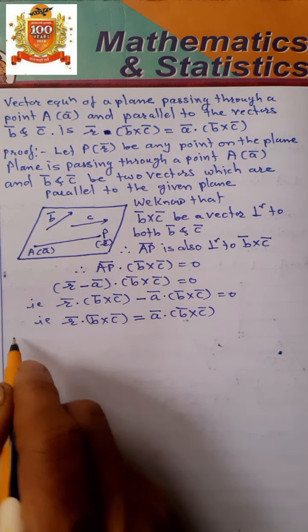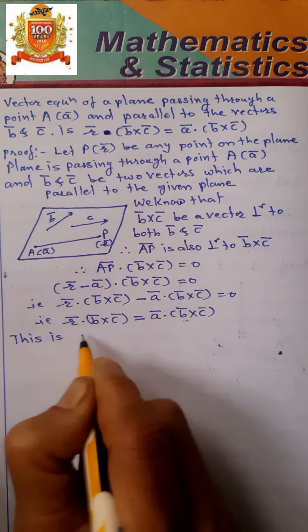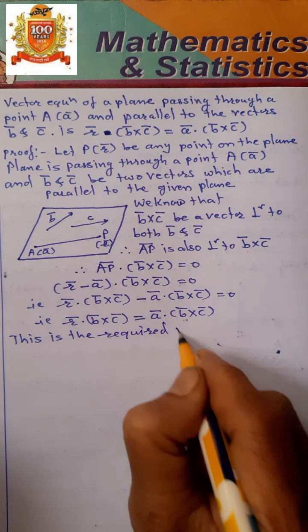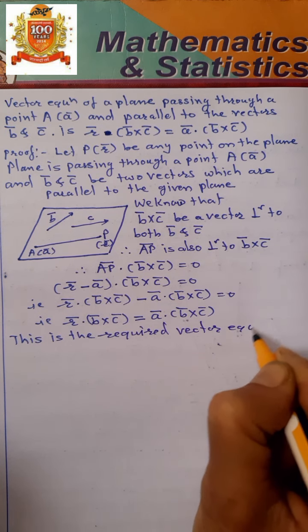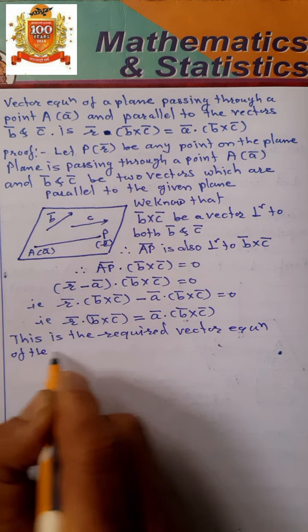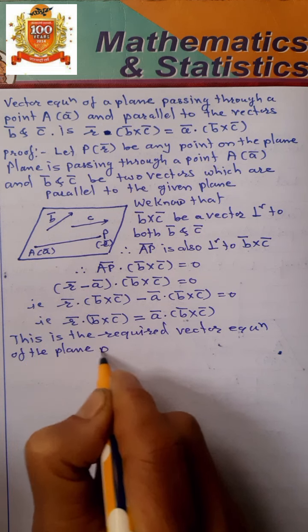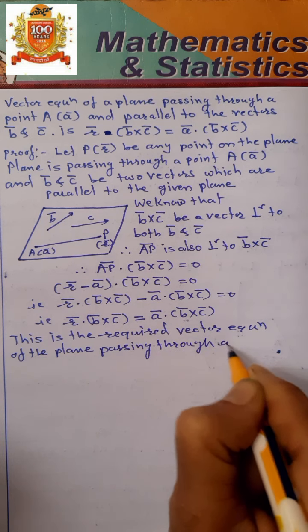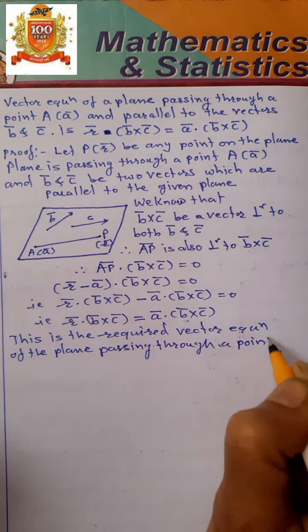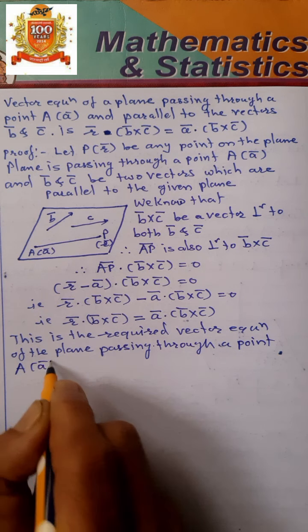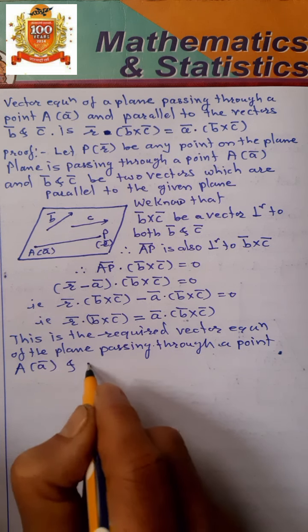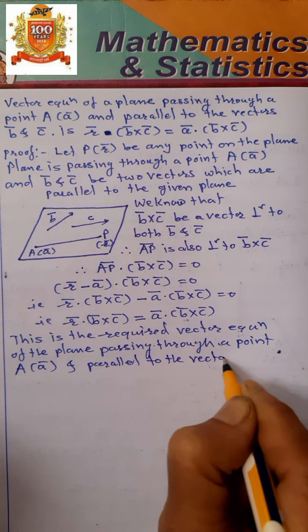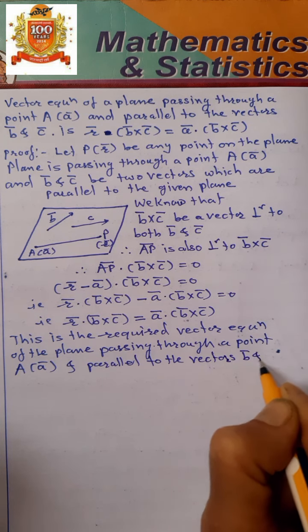This is the required vector equation of the plane passing through a point A bar and parallel to the vectors B bar and C bar.